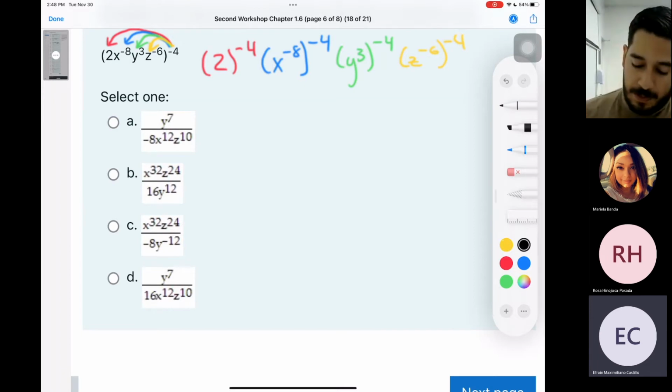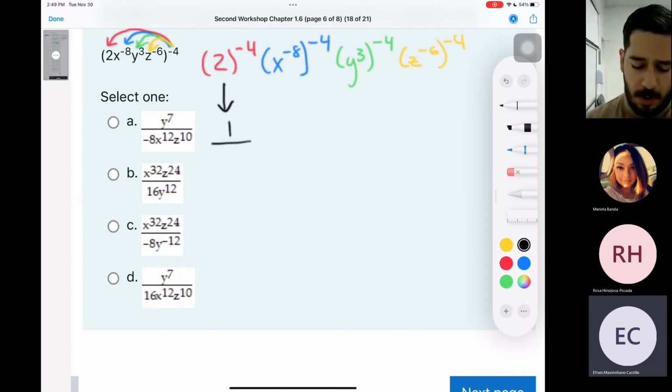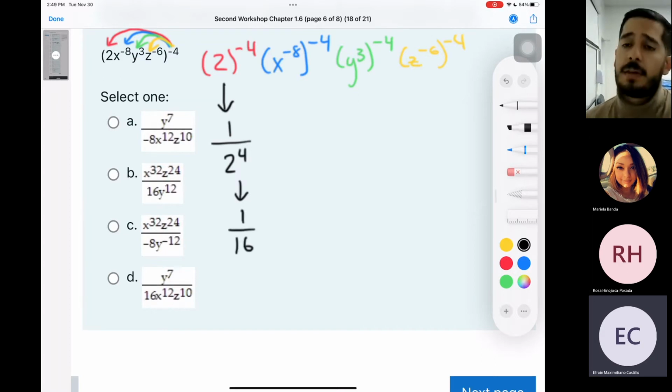Okay, so let me go ahead and simplify this. It's 2 to the power of negative 4. Why do we have negative exponents? Okay, that's the last operation, right? That negative exponent has to go to the 2. I would rather convert that into its reciprocal to make that positive. So 1 over 2 to the power of 4, which ends up being 1 over 16.